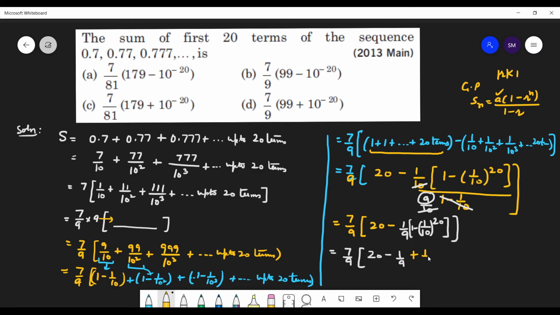And now I get n minus 1 plus 1 by 2 raised to the power n. So this will be n minus 1 plus 2 raised to power minus n. Okay, students? Done. Solved.